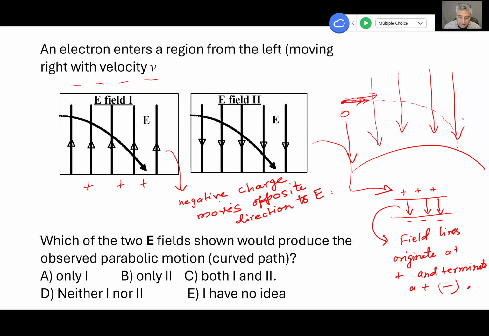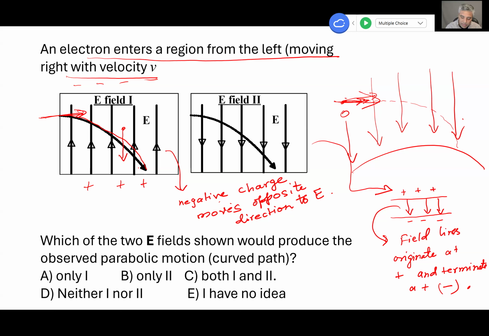because by definition, the field is the path a positive charge would follow when it is free to do so. Just like I said, if I let a negative charge go here, if it wasn't moving, it would just go towards the positive charge. But just like when we throw a rock, when a moving electron enters something like that, it does not go directly towards the positive charge, rather it gradually goes like that, okay?